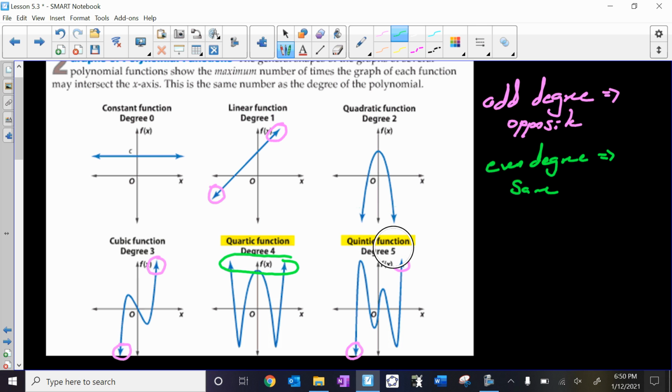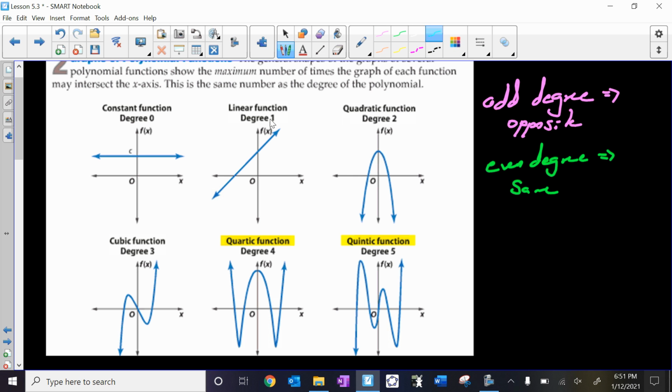Next, some other interesting scenarios that we can come up with is the relationship of the degree and the number of zeros. In this case, we're strictly focusing on real solutions, but I could incorporate imaginary into this as well.